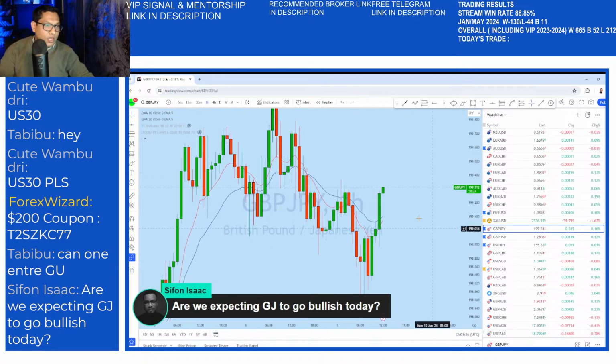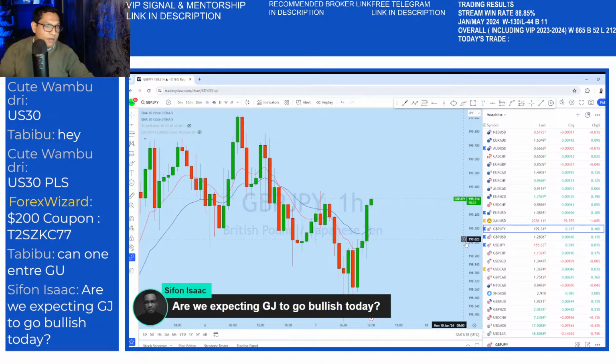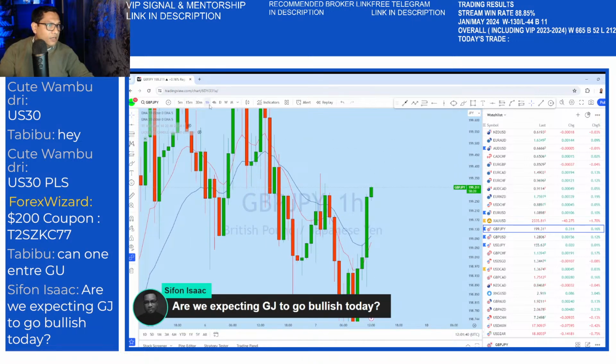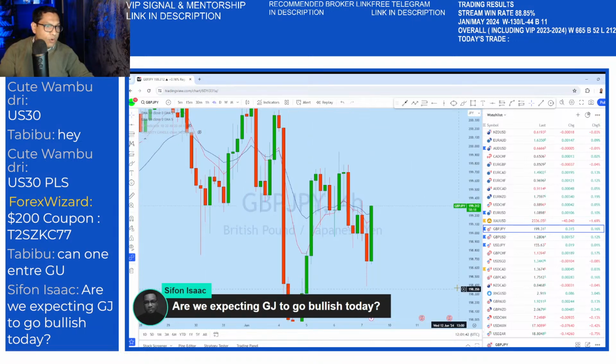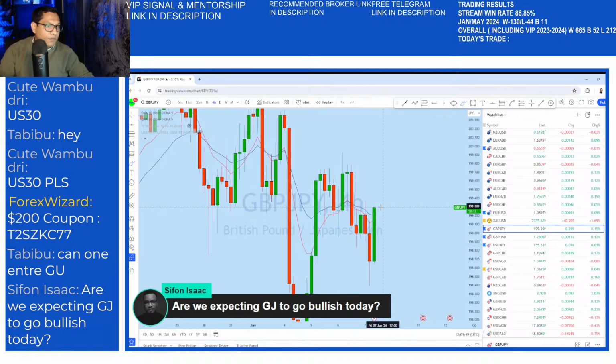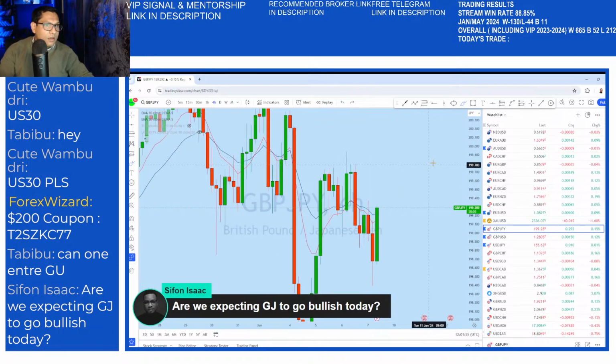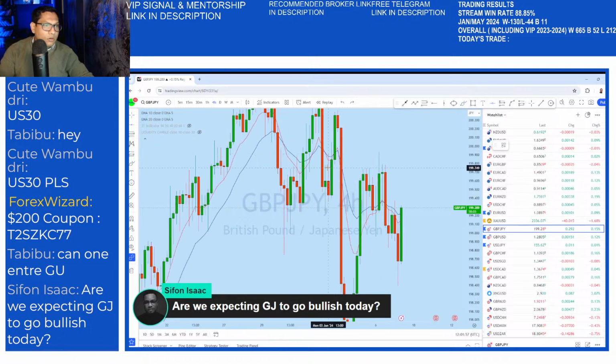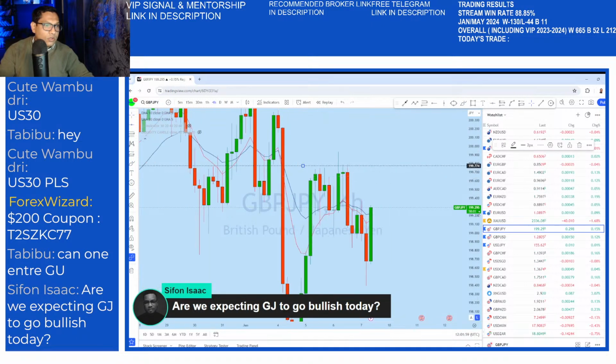This hour we can see that there is a primary bounce here, so we could see a potential bounce on GBP JPY. Okay, expecting it to move up and then go back up to that liquidity zone here, depending on how it wants to do.